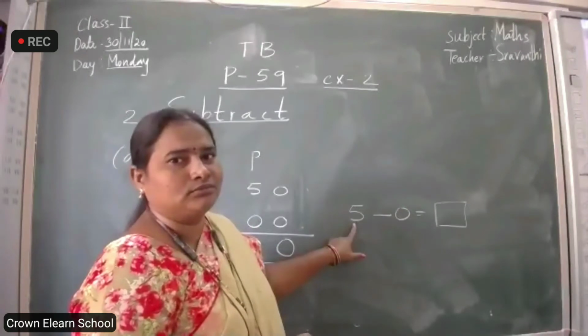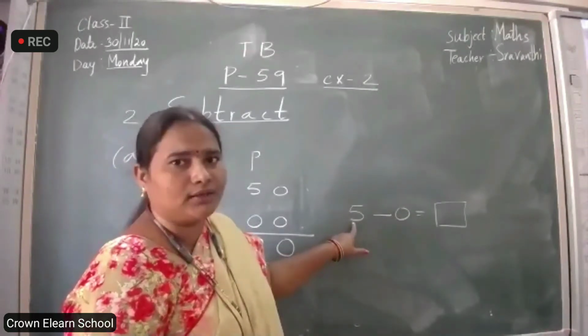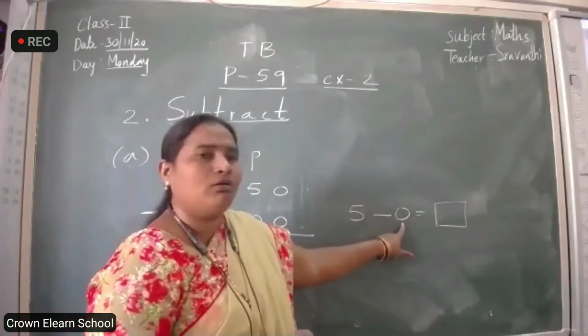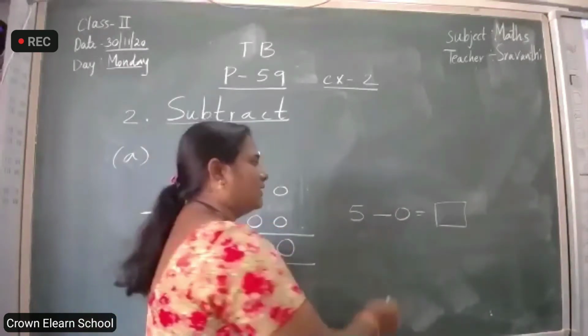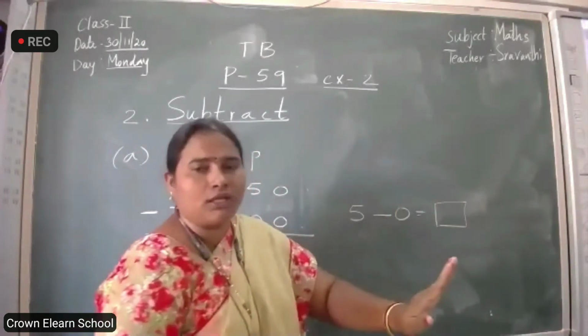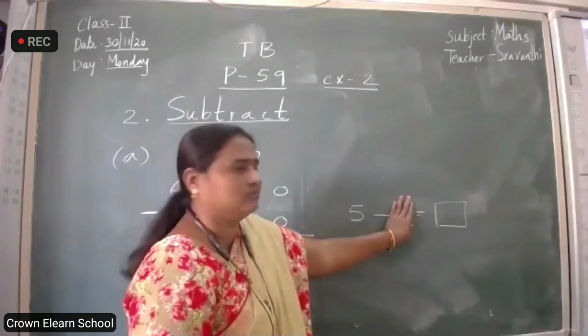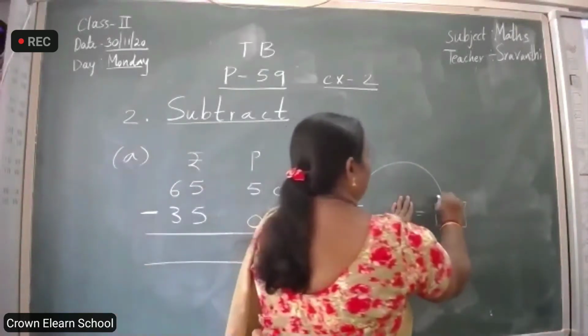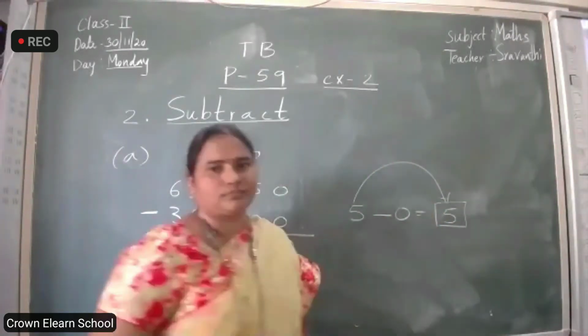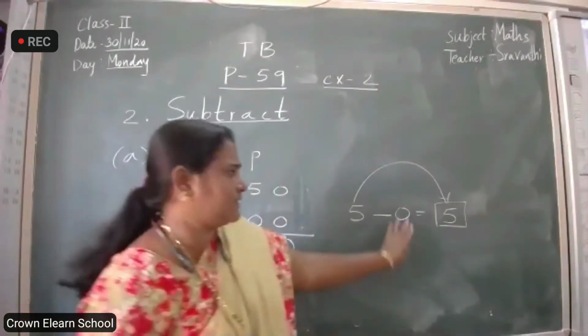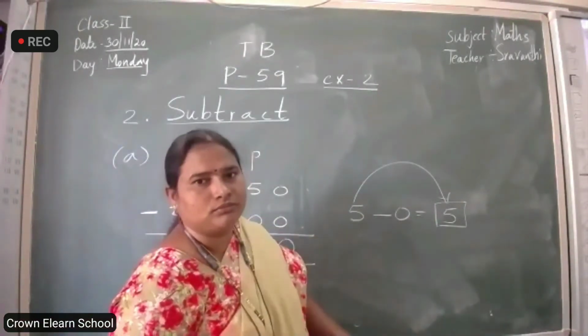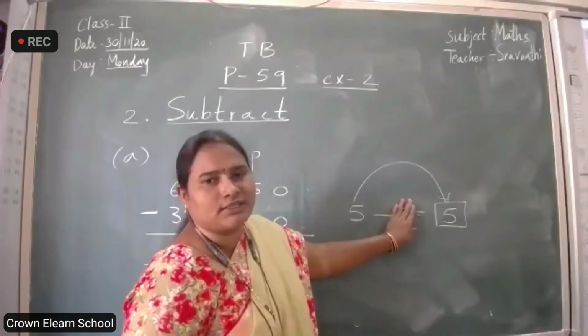5. It has a value 5. So number 0, nothing. Here nothing is there. Is there anything to be closed? No, nothing. So the same 5 is the answer. We know this, no? 0 has no value. Nothing to be subtracted.